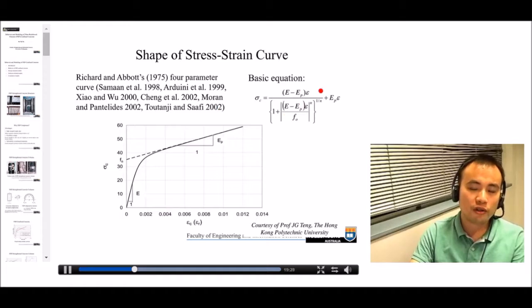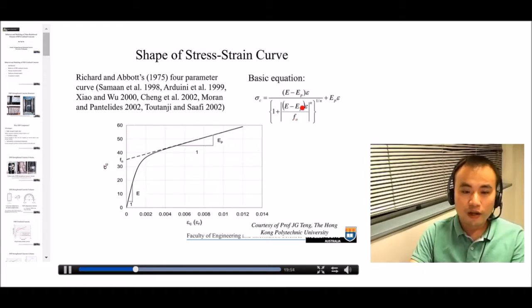And some other researchers also use this equation, which is the four-parameter equation. The advantage of this equation is that each parameter has a very clear physical meaning. For example, E represents the elastic modulus of concrete, EP represents the second stage stiffness, F0 represents the intercept with the stress axis, and M controls the transition zone.